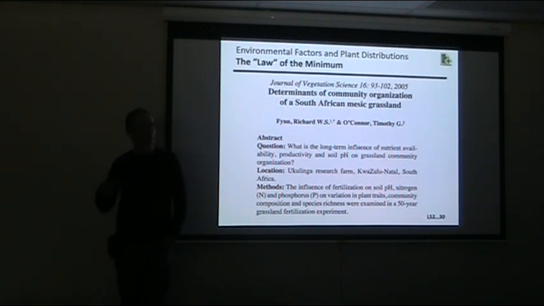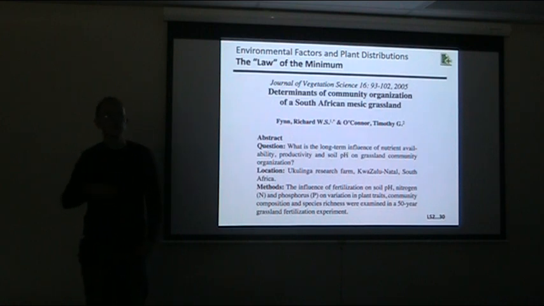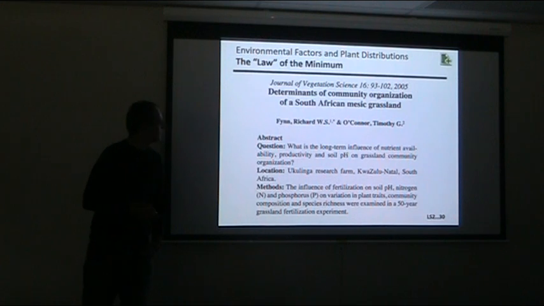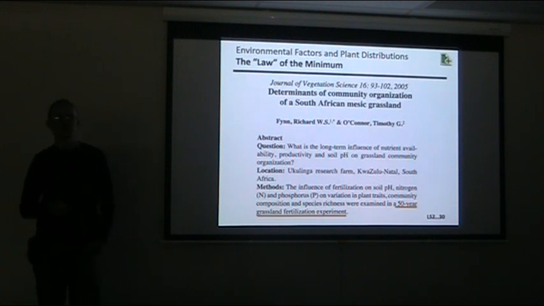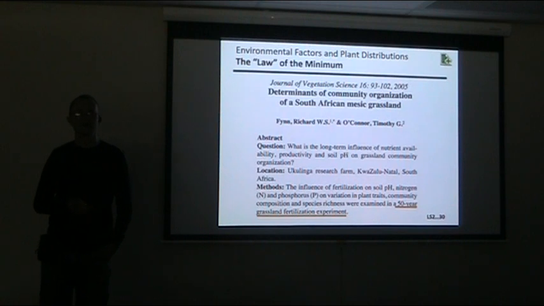They were continuously fertilizing grasses with different fertilizer types. It's not a single crop and the amount it's producing, it's on the whole community, and pH, nitrogen, and phosphorus are the main things. 50 years is impressive. You don't normally get experiments that run that long.